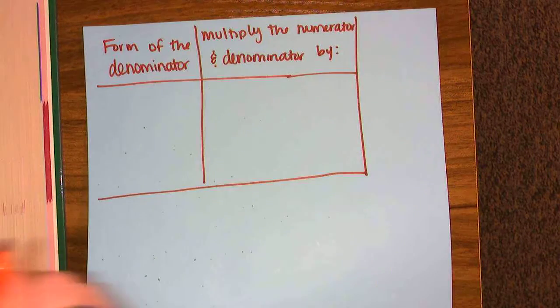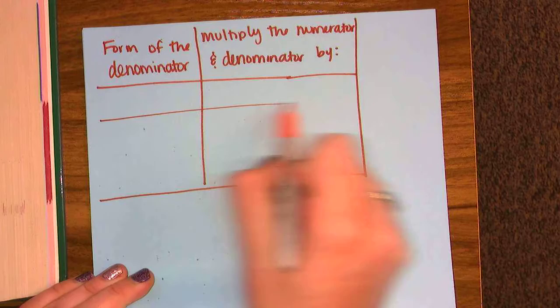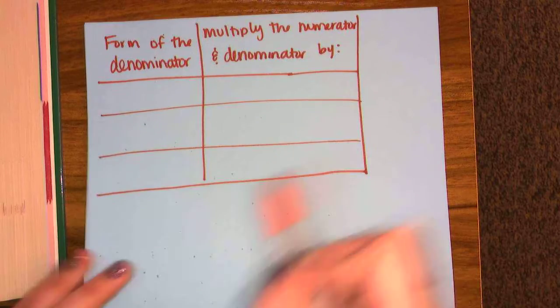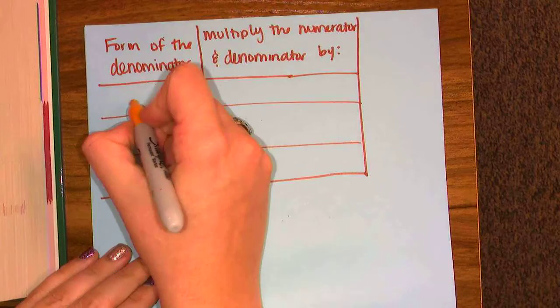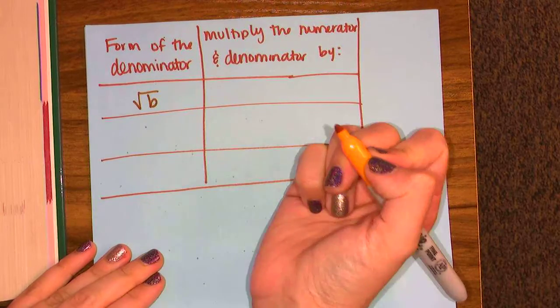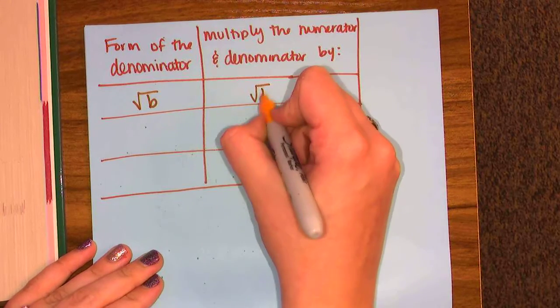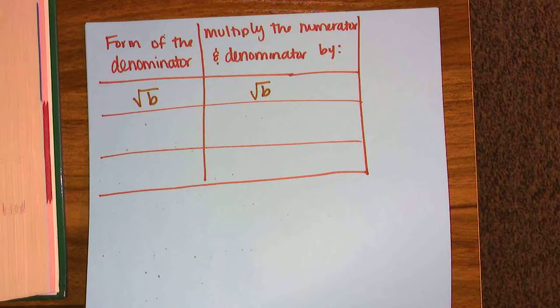Okay, so we're going to have 3 different ones here. So if we have the square root of b in the denominator, we're going to multiply the whole thing by the square root of b, because then that'll give me on the bottom the square root of b times the square root of b, which is the square root of b squared. And so then the square root is going to cancel with the squared, and we'd just be left with a b on the bottom. Okay?